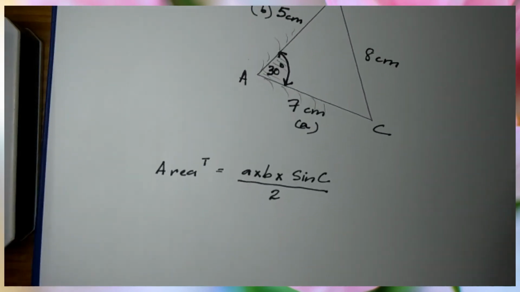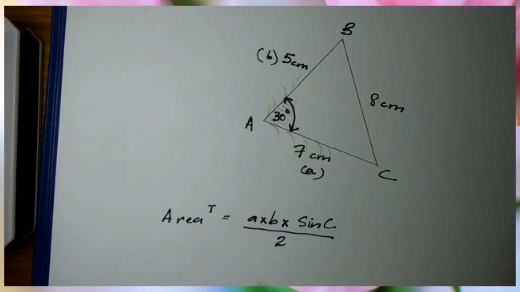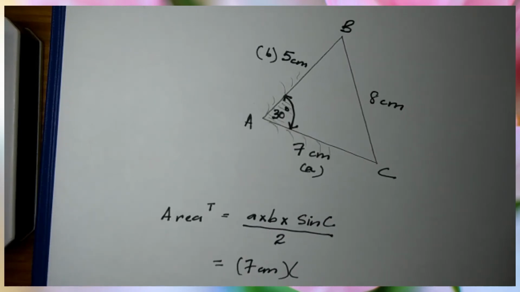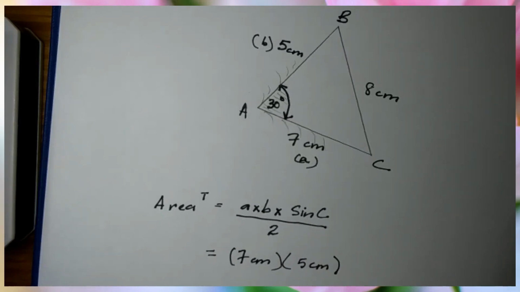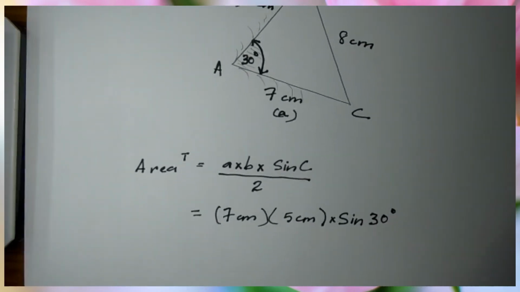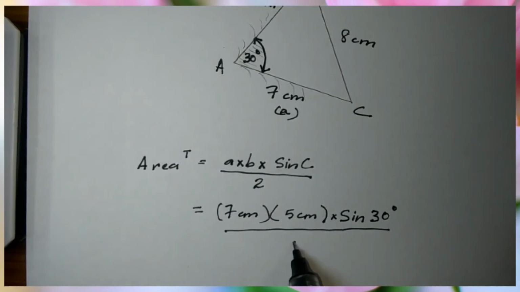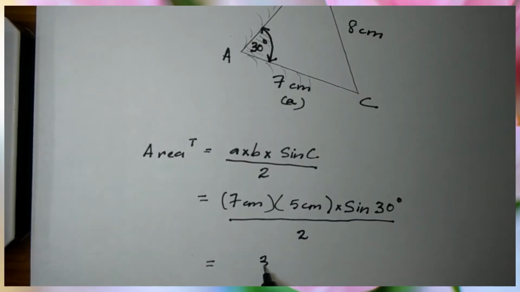So now what I'm going to do is substitute the values of a, b, and c. So a we said was 7 centimeters. b we said was 5 centimeters. And we're going to use times sine C, and our C was our angle, which is 30 degrees. Following my formula, I'm going to divide that all by 2. So 7 times 5 is 35.